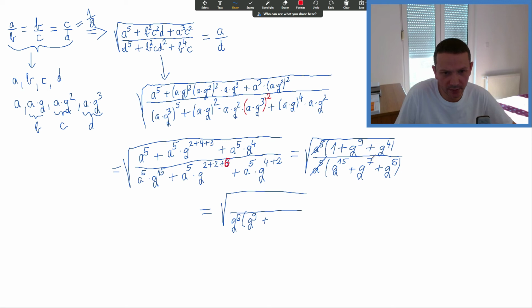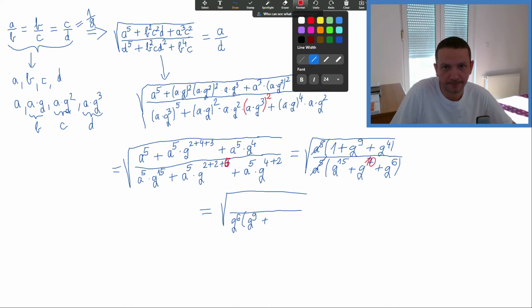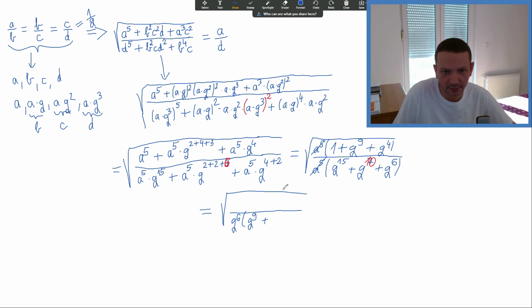So here is not 7, here is actually 10. And now when we put Q to the power of 6 in front of the parenthesis, we get Q to the power of 9 plus Q to the power of 4 plus 1, and that is exactly what we have above.